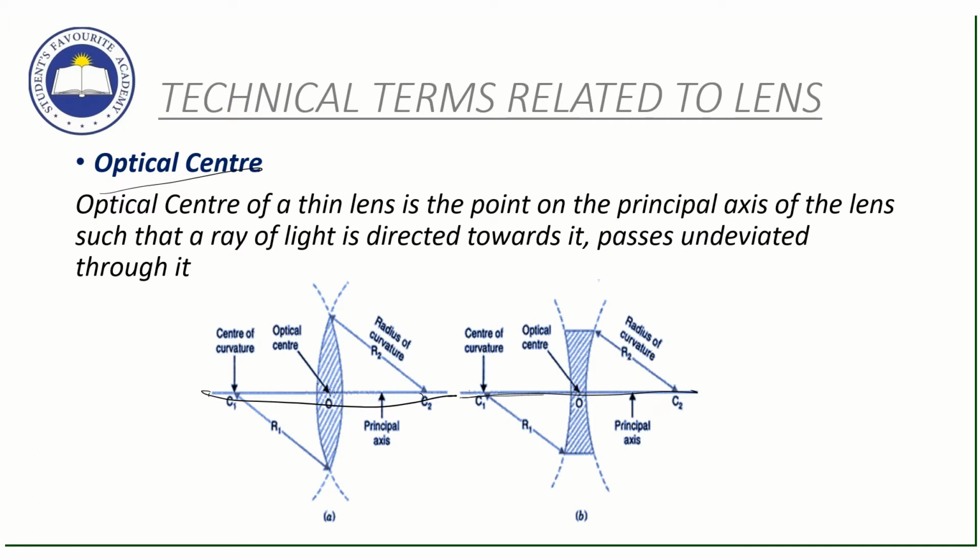Now if a light ray passes through this optical center, then it passes undeviated through it, means it does not bend in any direction. So that is one more thing you have to remember while drawing the ray diagrams.